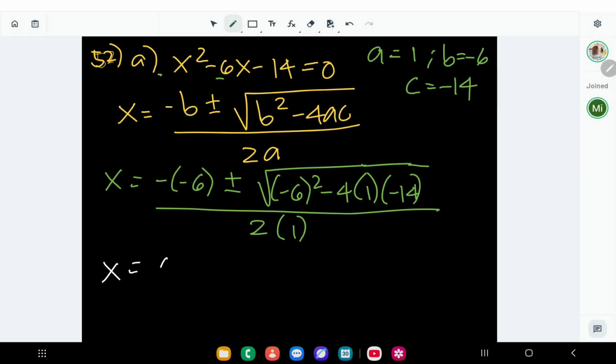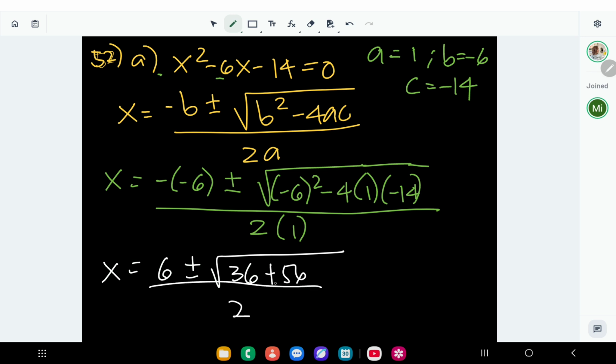Then we solve this. So this is 6 plus minus, 6 squared is 36. What is 4 times 14? 56. Alright, so this is plus 56 over 2.